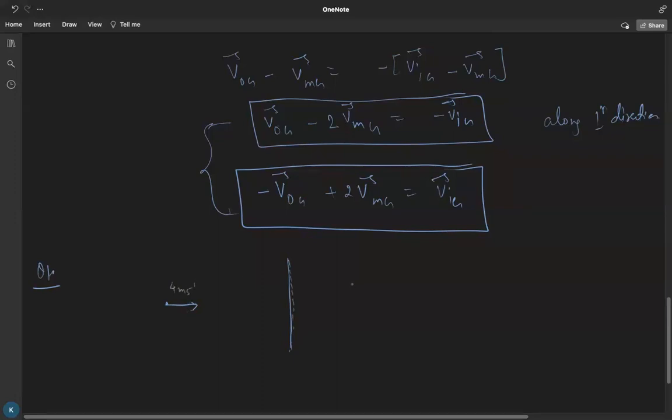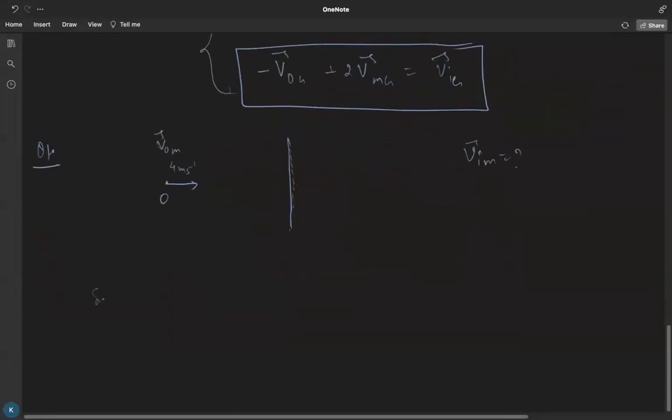This is the velocity of the object with respect to the mirror, and you have to find the velocity of the image with respect to the mirror. Since the mirror is at rest, yeah.